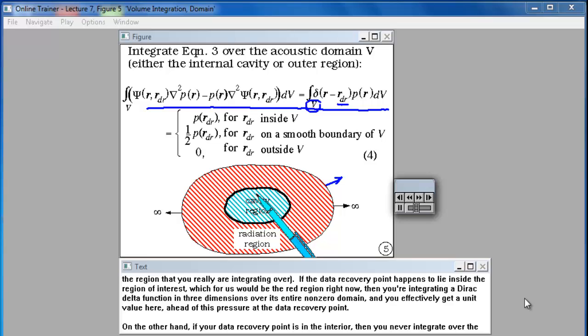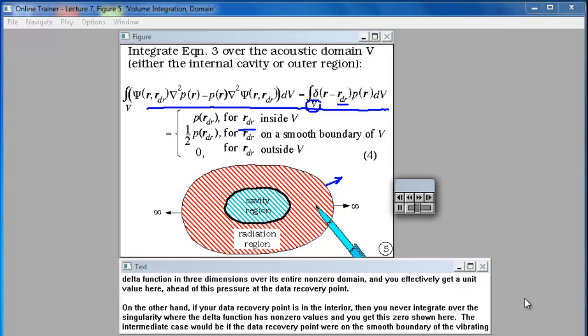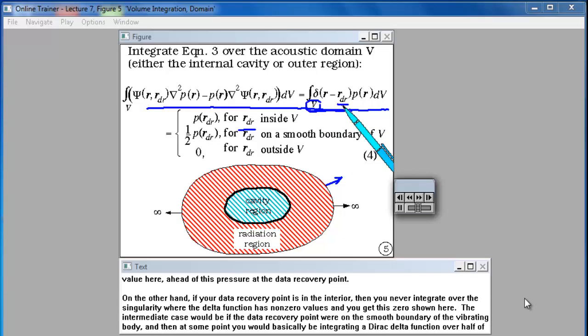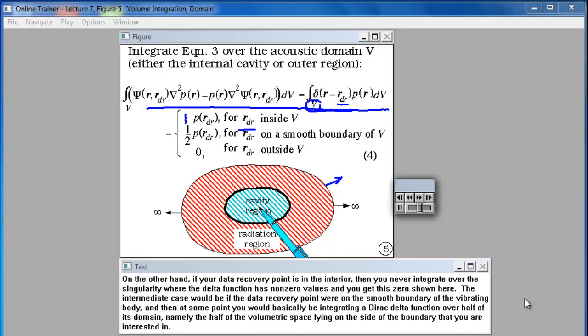If the data recovery point happens to lie inside the region of interest, which for us would be the red region right now, then you're integrating a Dirac delta function in 3 dimensions over its entire non-zero domain, and you effectively get a unit value here ahead of this pressure at the data recovery point. On the other hand, if your data recovery point is in the interior, then you never integrate over the singularity where the delta function has non-zero values, and you get this 0 shown here.